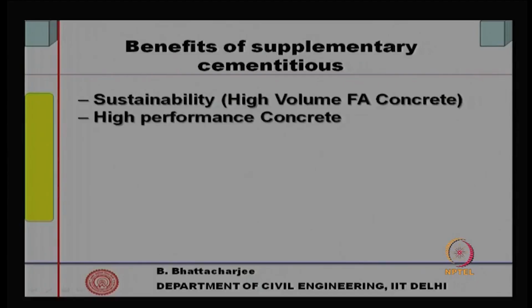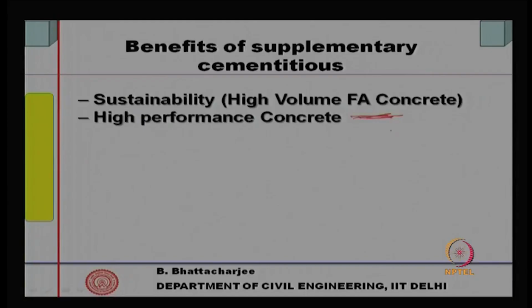Well, the benefits from the supplementary cementitious materials are, since you reduce the cement clinker, carbon dioxide emission is reduced. Fly ash, being an environmentally hazardous material, can be used in cement, therefore, they can give you sustainability. In high volume fly ash concrete, you use as much as 50% fly ash. We will discuss this sometime later on.